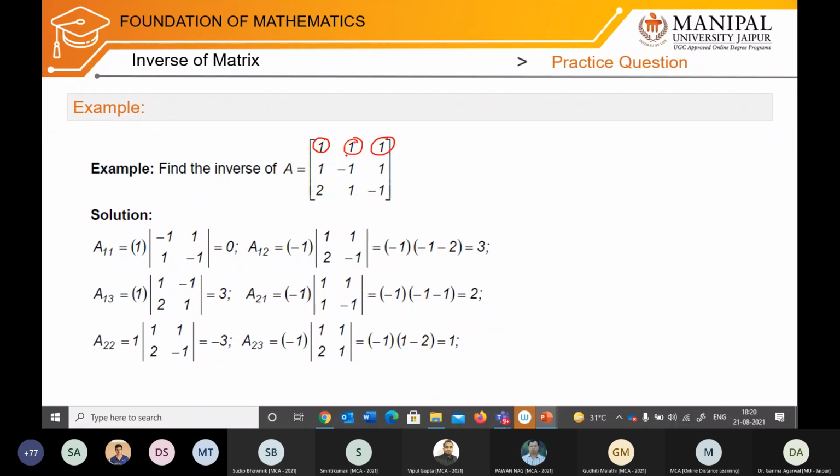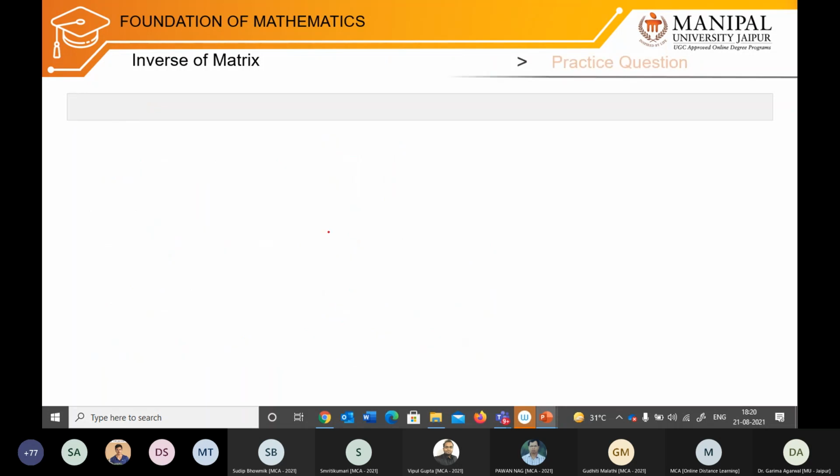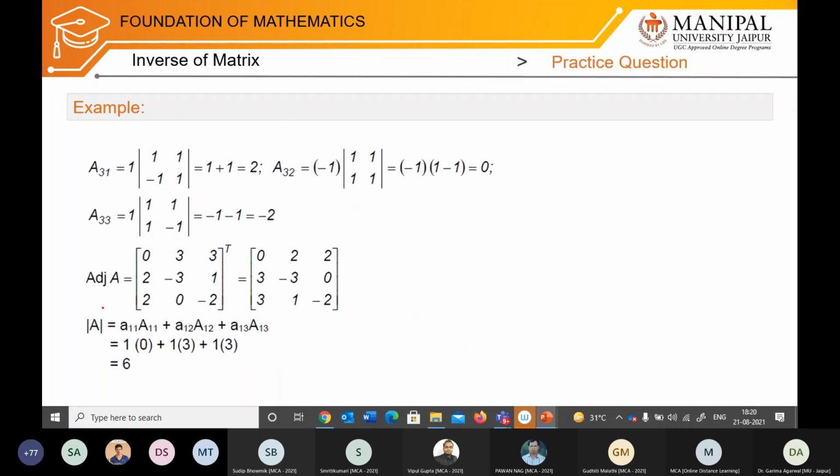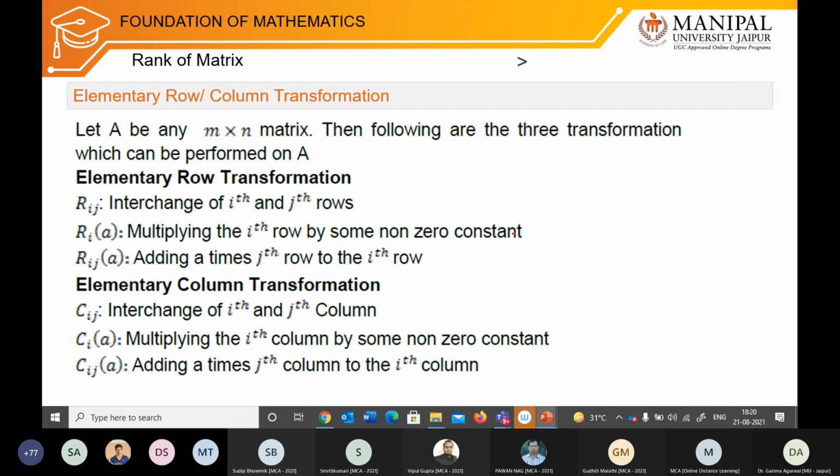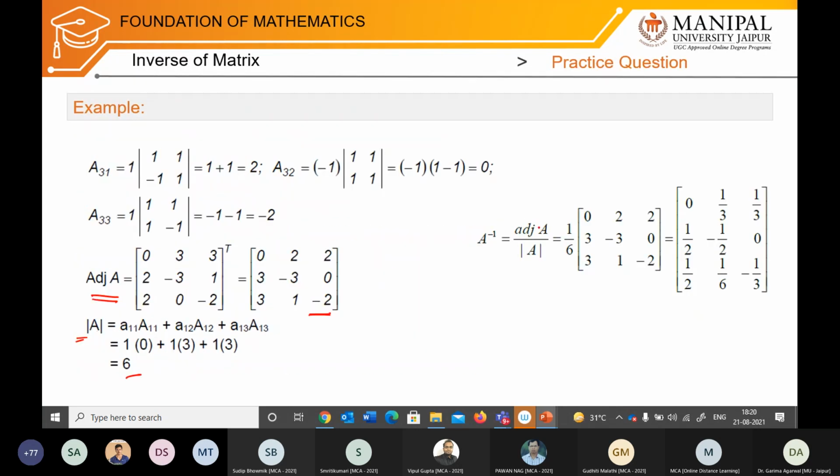For A13 it is 1, minus 1, 2, 1. For A21 it is 1, 1, 1, minus 1. Similarly, we can find all the minors. Then we can substitute the values in adjoint A and take the transpose, right? Then we can find the determinant, and finally the value of A inverse is adjoint A upon determinant A, right?